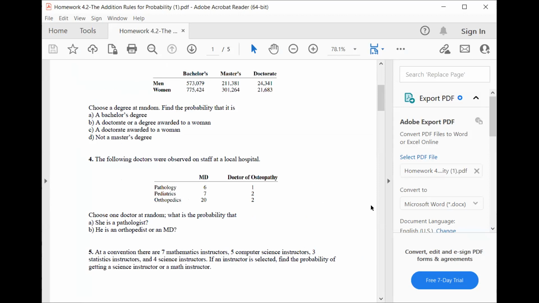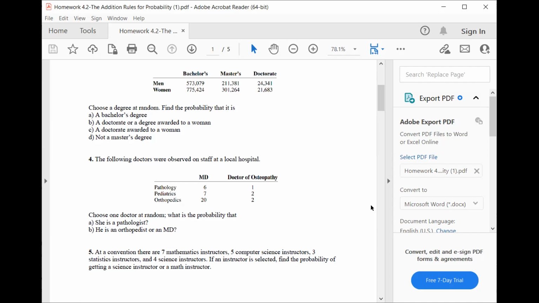At a convention center, there are 7 math instructors, 5 computer science instructors, 3 statistics instructors, and 4 science instructors. If an instructor is selected, find the probability of getting a science instructor or a math instructor.